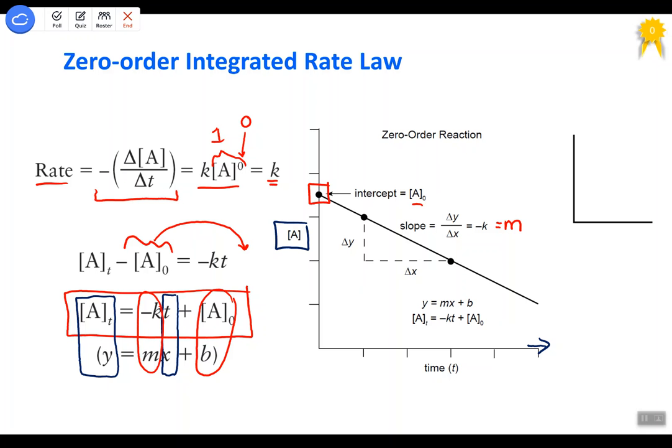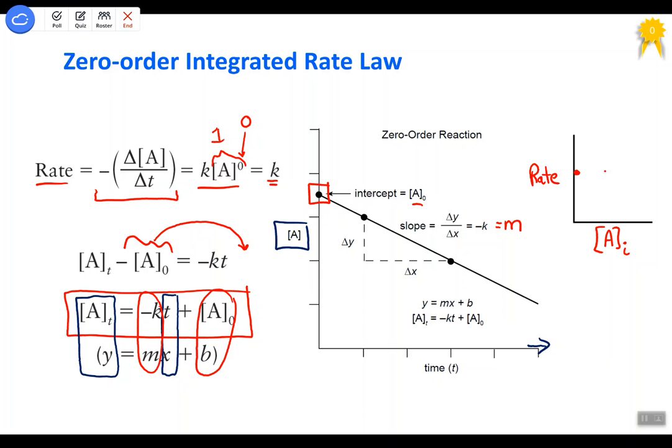Now for zero order reaction, we also plotted the concentration of A according to time t. For a first order, we saw that it was curvy. It was an exponential decay. This one's straight. But we could also, for interest, plot the rate of the reaction for this zero order reaction against various initial concentrations of A. So if I did an experiment with a certain concentration of A that was really low, I could measure the rate.